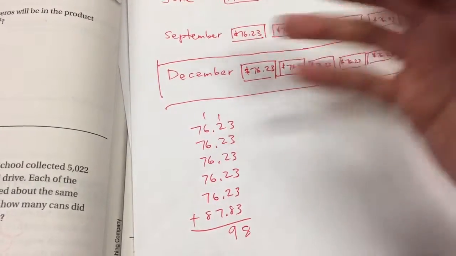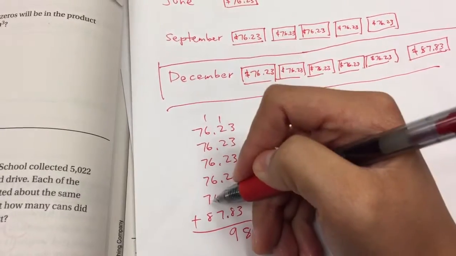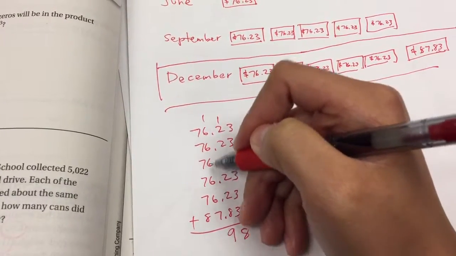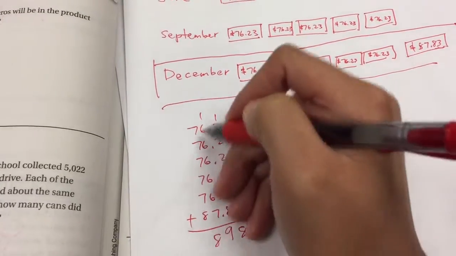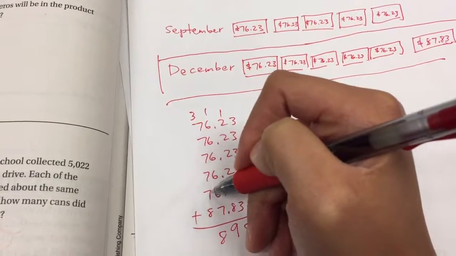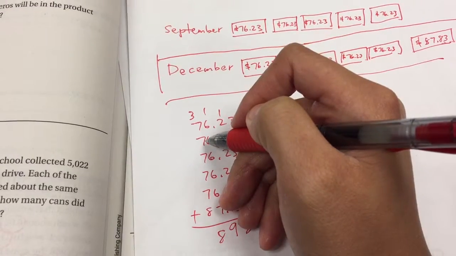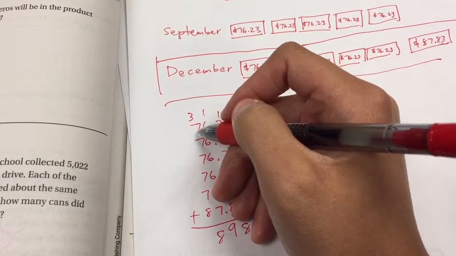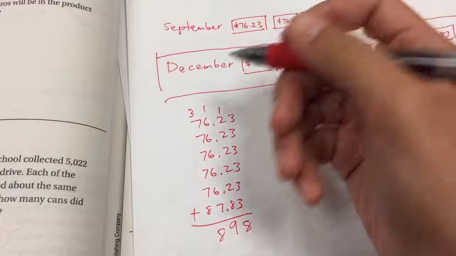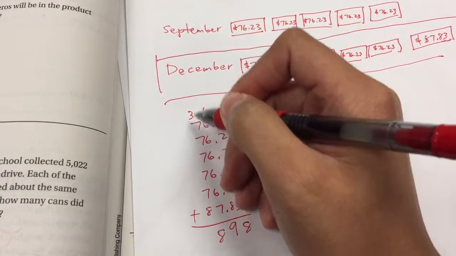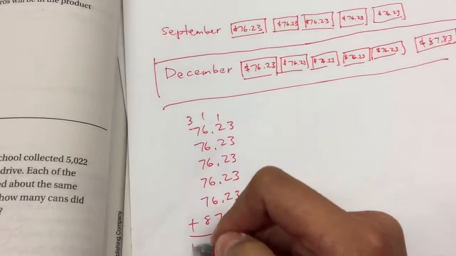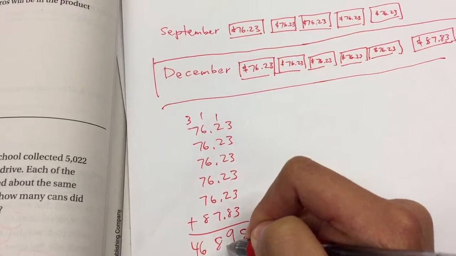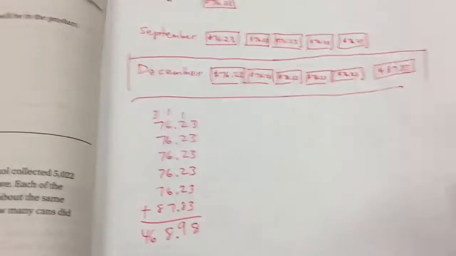You might as well do multiplication because you're multiplying anyway. I'm going to show you that later. 6, 12, 18, 24, 31, 38. Actually, 35, 36, 37, 38. 6. And don't forget your decimal.